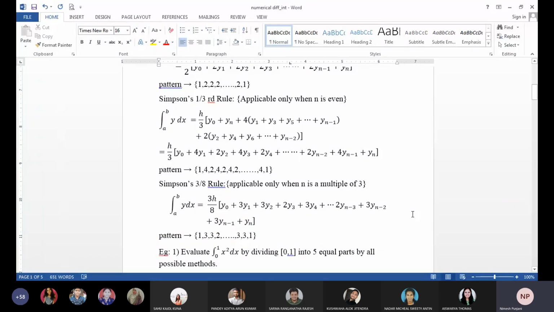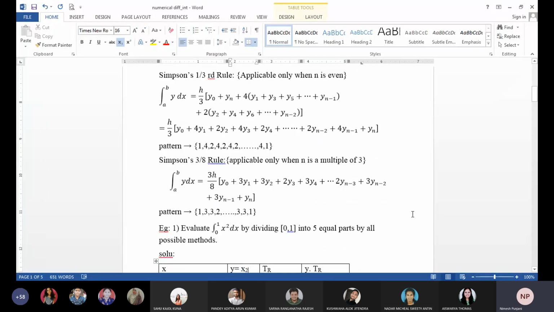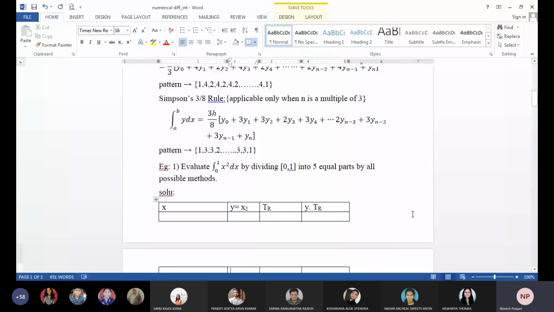So here the common one is Simpson's 1/3, it is coming in both. Yes, done. Okay, so both the screenshots are done. So all the three formulas.